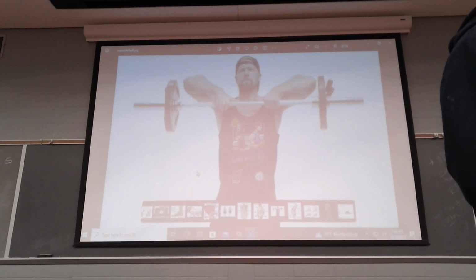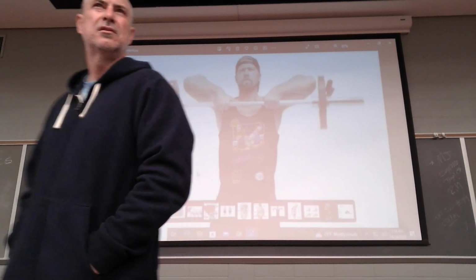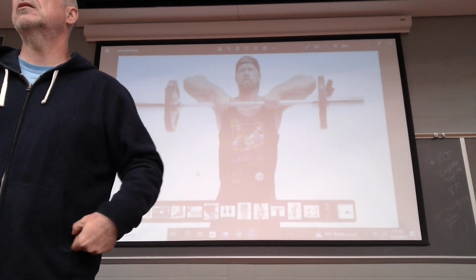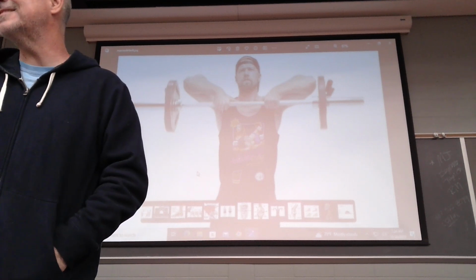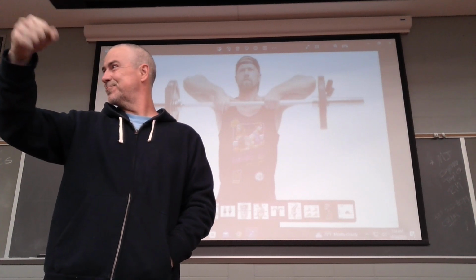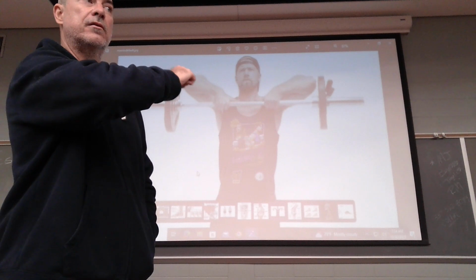Ulna deviated. Outstanding. Is this a good image or view to really assess his sagittal plane? Like, in other words, if you're like, well, what about, is he flexed or extended? I'll be like, that's not a very good view to see that. If we had a side view, I could kind of see if his wrist was, right? But probably not enough to be obvious.